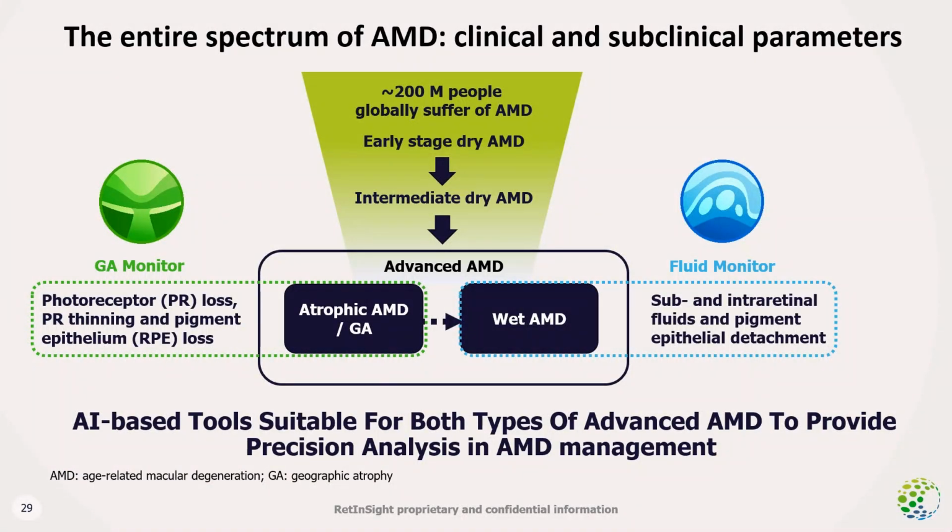It's very important to use AI tools, not only because they allow us to go from a subjective qualitative management to an objective quantitative one, significantly enhancing reliability and precision of the treatment. It is also a need for survival of eye doctors who need to manage the huge task of treating more than 200 million individuals with AMD.